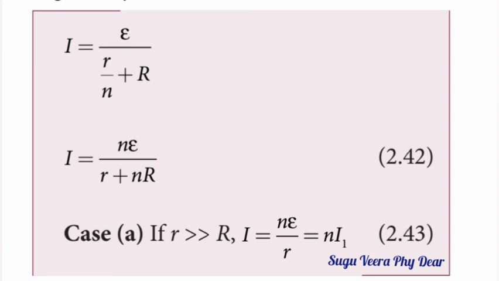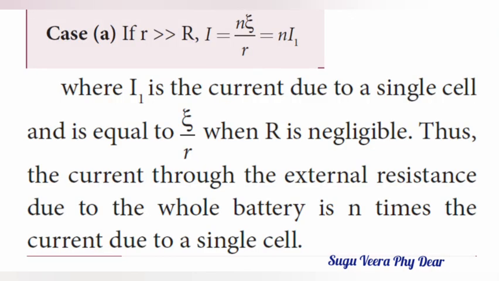Case 1. If R is much greater than r, I equals nψ divided by nR, which is ψ divided by R. If R is negligible, the current is nψ divided by r, equal to n times I1, where I1 is the current due to a single cell, equal to ψ divided by r. Thus, the current through the external resistance due to the whole battery is n times the current due to a single cell.